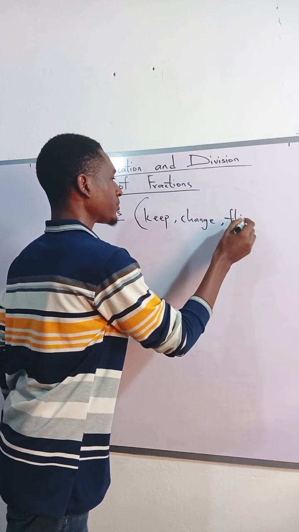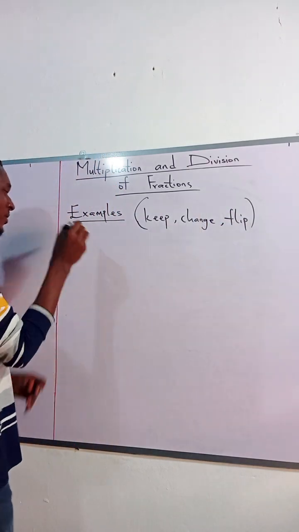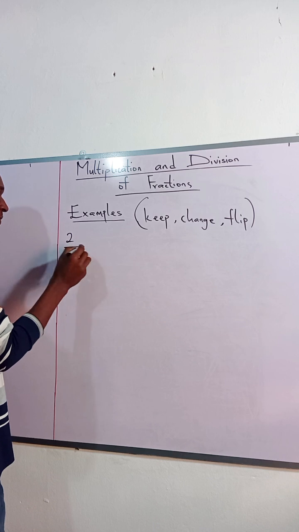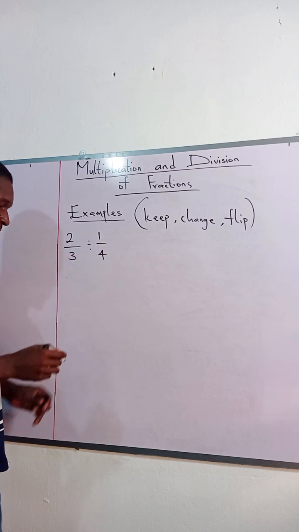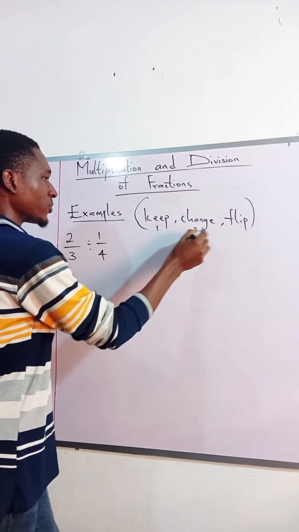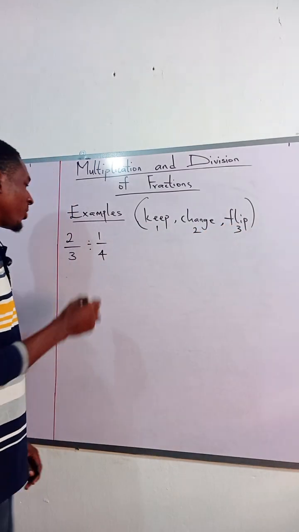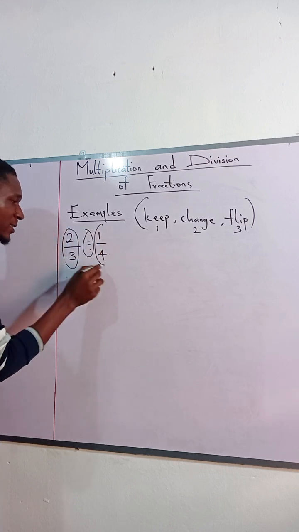You know what flip means? Turn upside down. So let's say we have an example, 2 out of 3 divided by 1 out of 4. What do we do? This is number 1, number 2, and number 3. So we are breaking our fraction into 3.